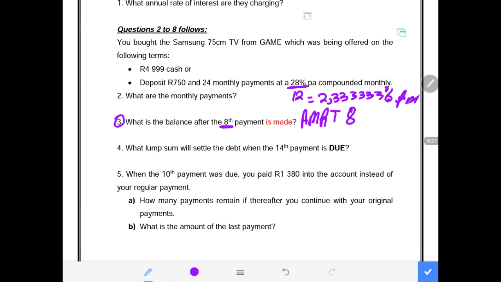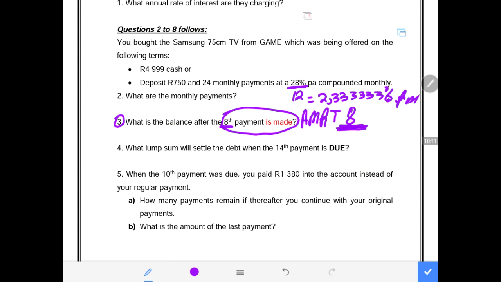Remember, don't clear your calculator. Leave it with the PMT of 233.22 that you calculated previously, so that the calculator knows how much I'm paying every month for 24 months. Now, how do we do that in our calculator?